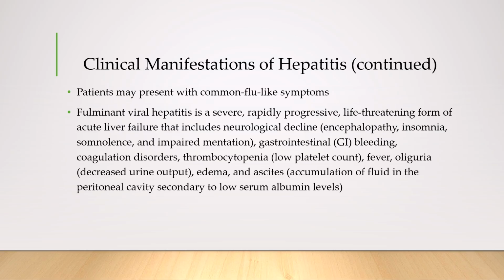Thrombocytopenia is a low platelet count. It can include a fever, oliguria. Oliguria is a decreased urine output. It can include edema and ascites. Ascites is the accumulation of fluid in the peritoneal cavity that is secondary to low serum albumin levels.